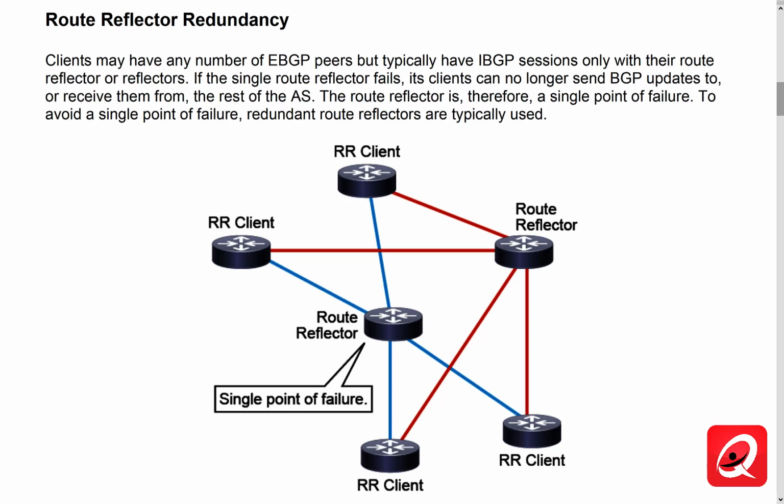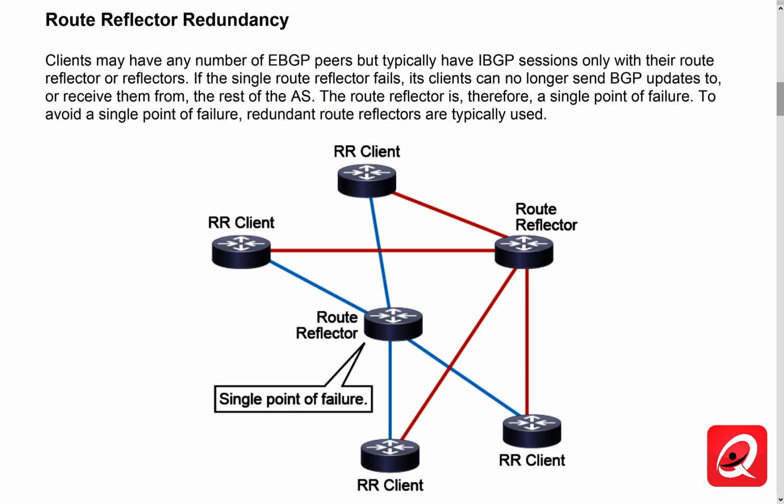If I receive a route with the originator ID set to my own router ID, that's when I would probably ignore that particular route. So we still have some loop avoidance mechanisms that exist in the configuration, but we still need to be cognizant of what we're doing in this topology.